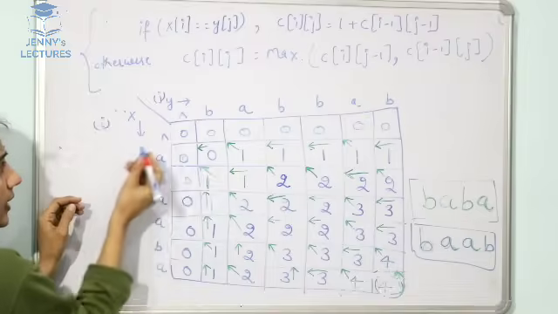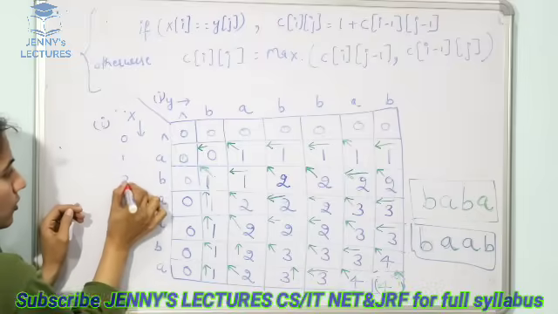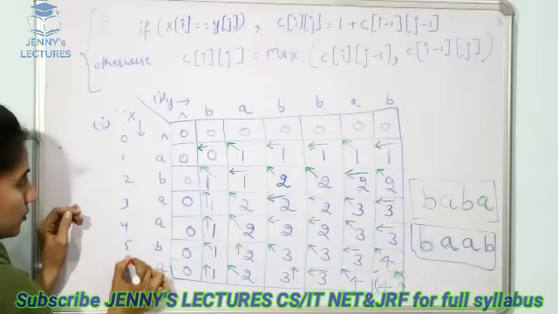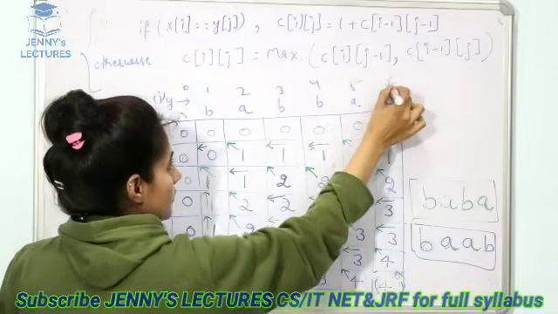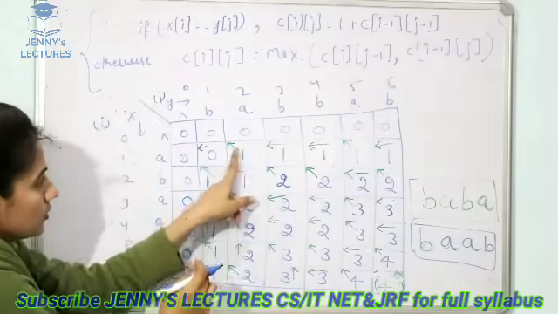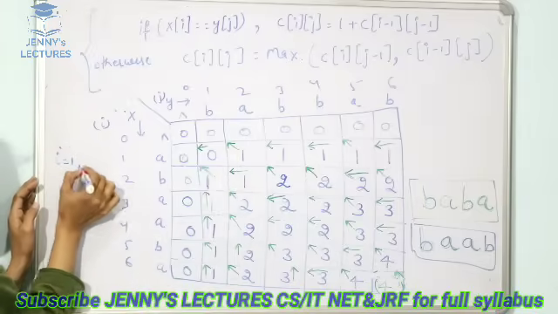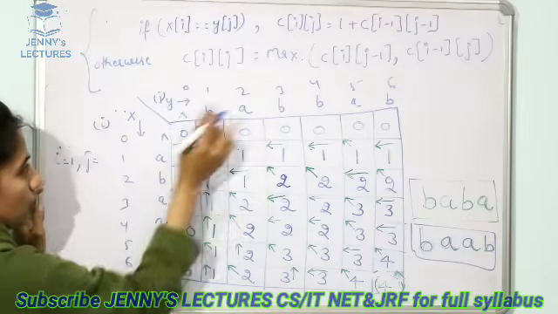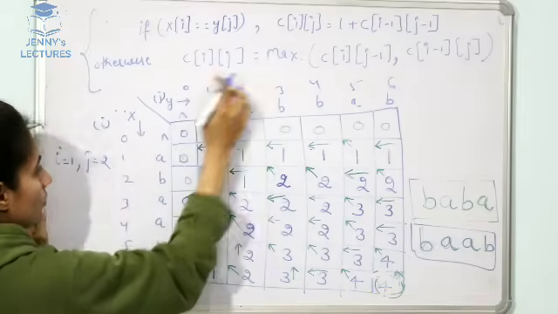Okay, let us take this one, from 0 we are starting: 0, 1, 2, 3, 4, 5, 6. 0, 1, 2, 3, 4, 5, 6. So at this box, what is the value of i? The i value is 1, and what is the value of j? The j value is 2.